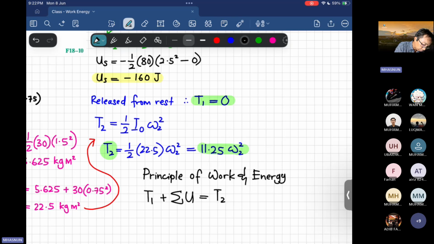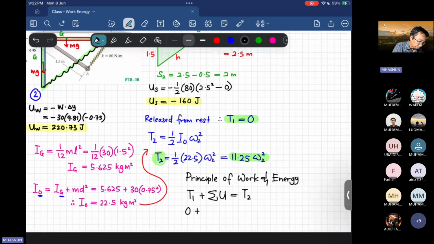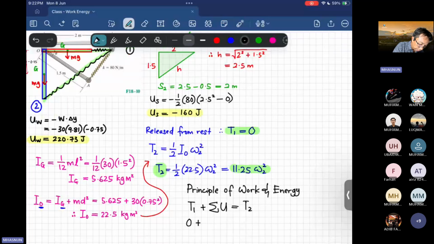T1 is equal to 0, plus we have two work done here, which is 220.73, that is the first one from U_W, and we have minus 160 joule from U_S, work done by the spring, is equal to 11.25 omega 2 square.